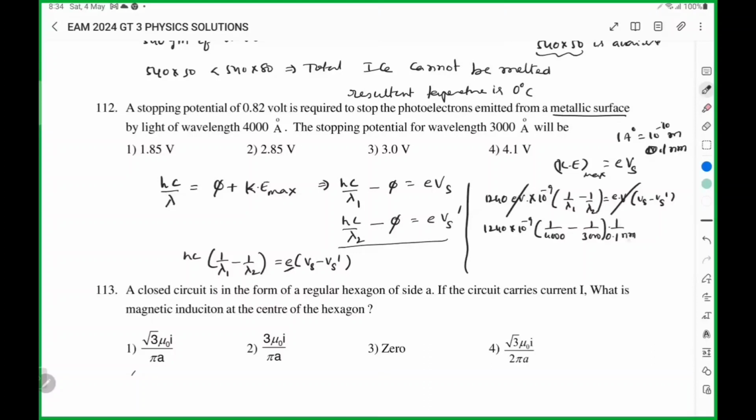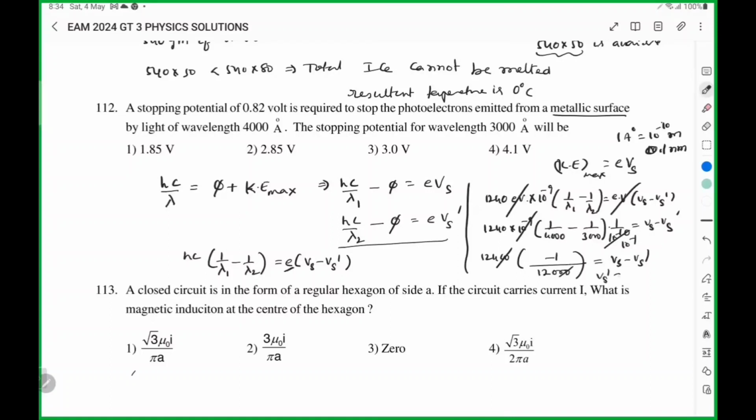So 1240 by 12,000 times 3 minus 4, Vs minus Vs dash.